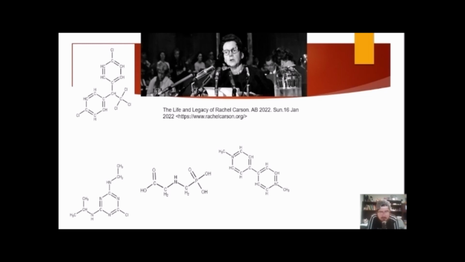But we almost wiped out the American bald eagle, our national symbol. The worldwide ban has since been formalized since 2004, a year after this book started coming out. So we still produced it and sent it to other people for a long time, but it's since been banned worldwide.